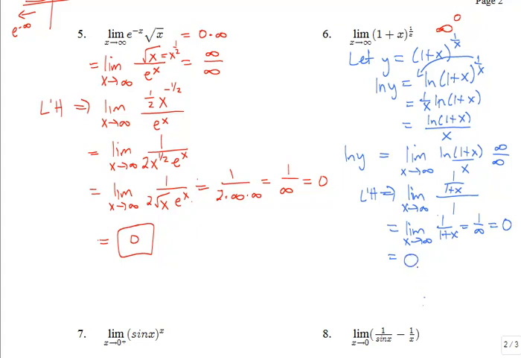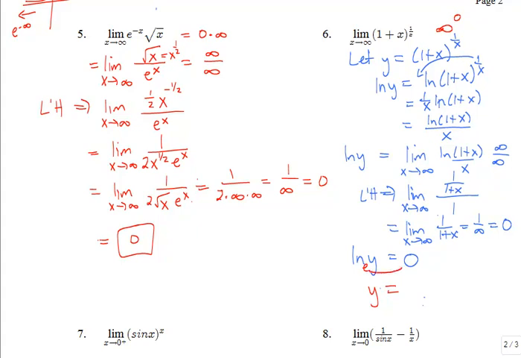Now remember what we said. This quotient wasn't the original expression that we started with. It was actually not what y was. It was actually ln of y. So this answer that we just got is ln of y. So how do we figure out what just y is? Well, how do you undo an ln? This is base e, right?